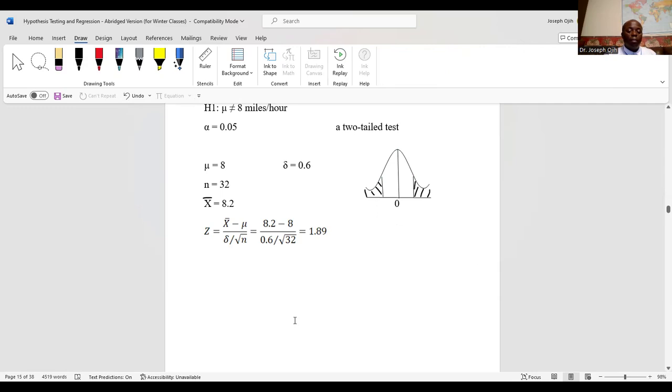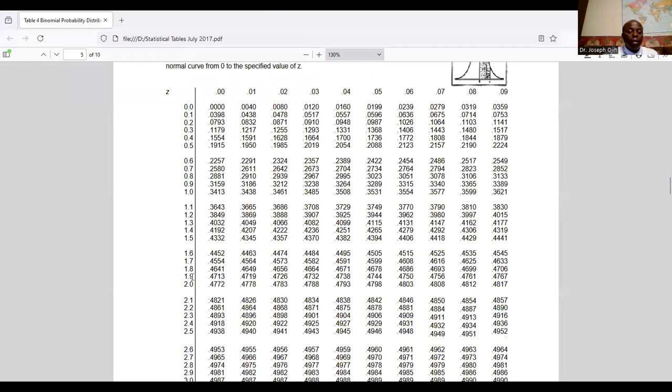Now let's find out the p-value. For the p-value, we look for 1.89 in the table of normal distribution: 1.8 under 9. See 1.8 right here, but you have to go under 9.